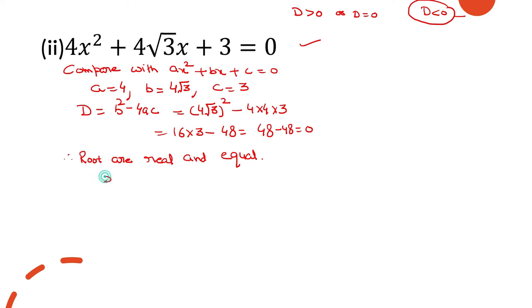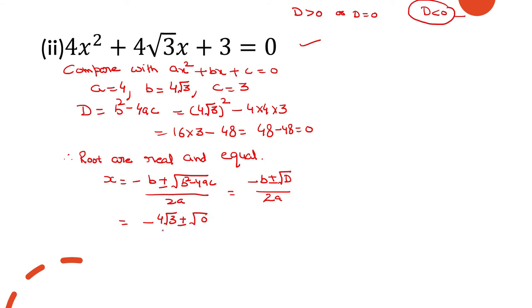Let's apply quadratic formula. x is equal to minus b plus minus root b square minus 4ac upon 2a, or I have already told we can write it also as minus b plus minus root d upon 2a. Now substituting the values, minus 4 root 3 plus minus d is already 0, 2a, 2 into 4, we get minus 4 root 3 by 8 plus minus 0.